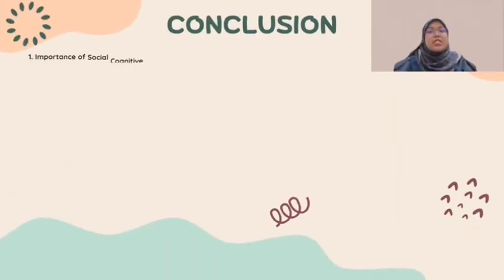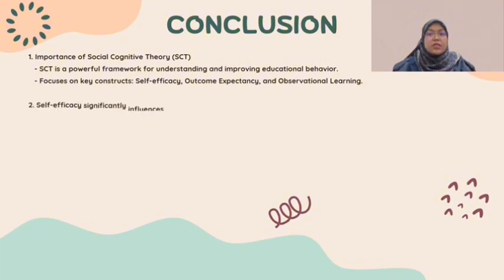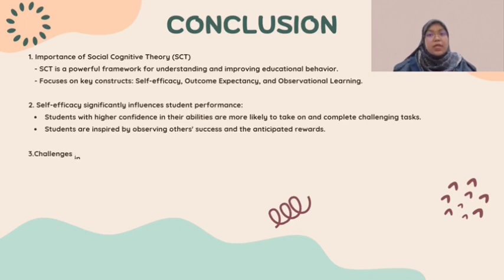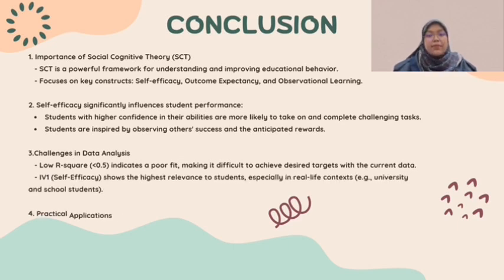In conclusion, social cognitive theory is a powerful framework for improving educational behavior, focusing on key constructs like self-efficacy, outcome expectancy, and observational learning. Self-efficacy plays a crucial role in student performance. Confident students are more likely to take on challenges and succeed, inspired by others' successes.